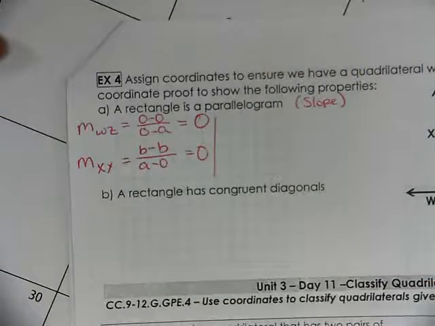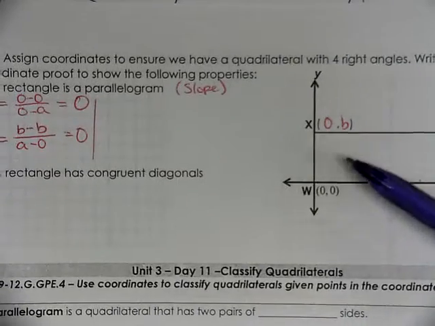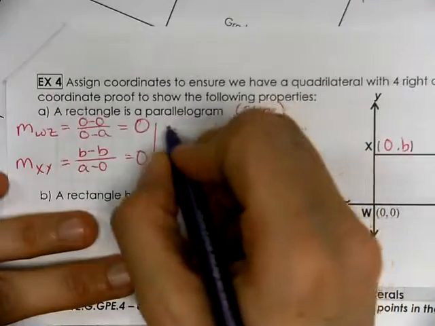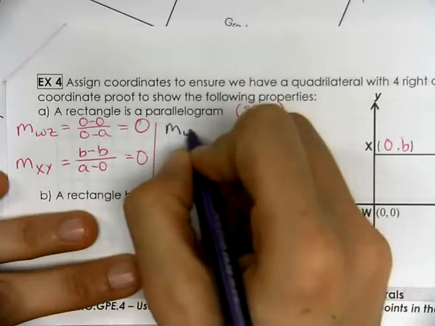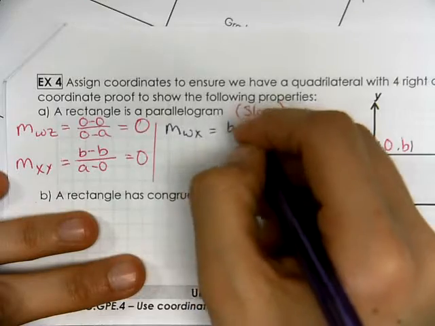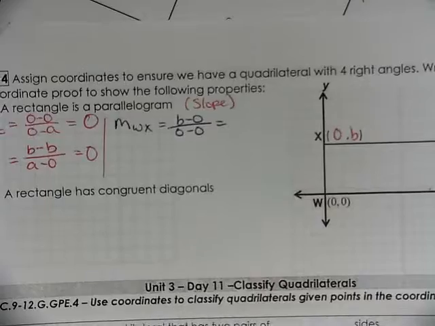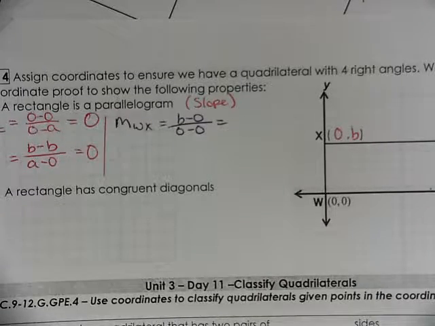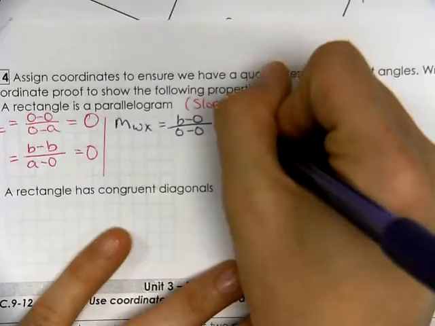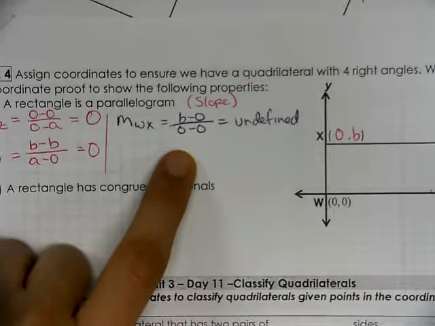So I got one pair of parallel slopes. I'm going to check the other side. So I'm going to find the slope from W to X. B minus 0 over 0 minus 0. Jack, what'd you say it was? Good job. Undefined, because the zeros are on the bottom.